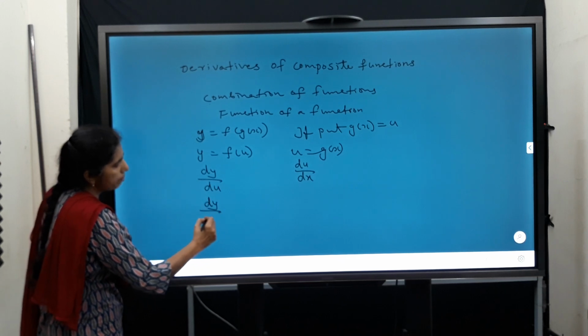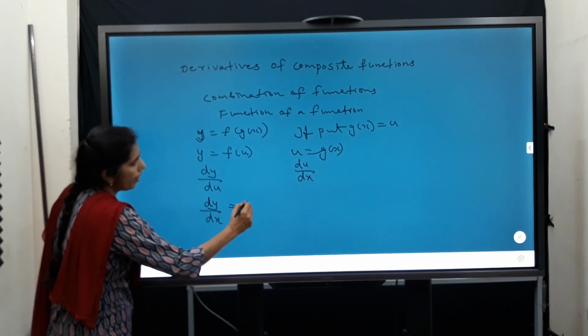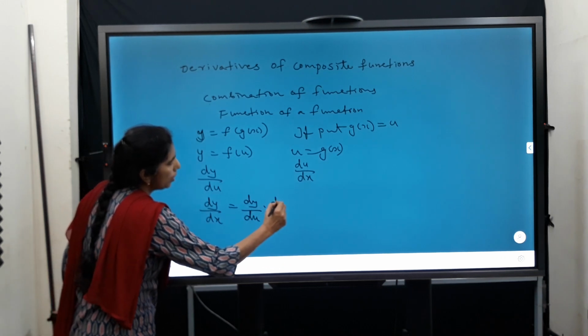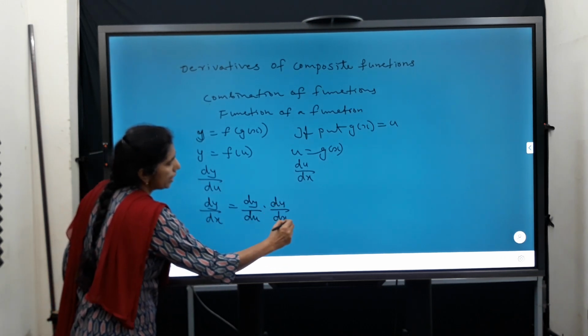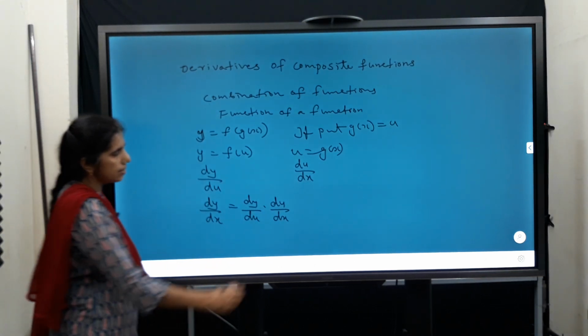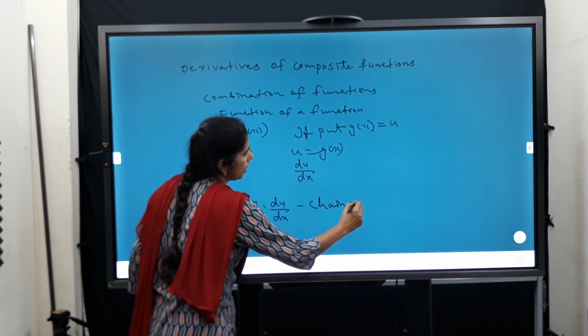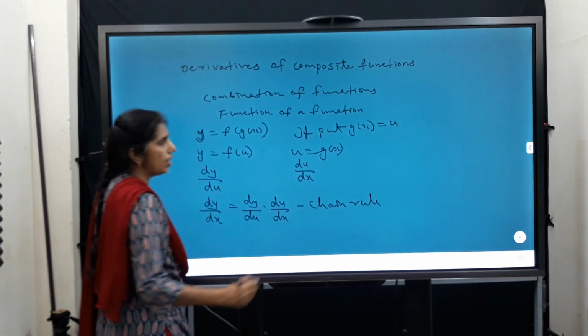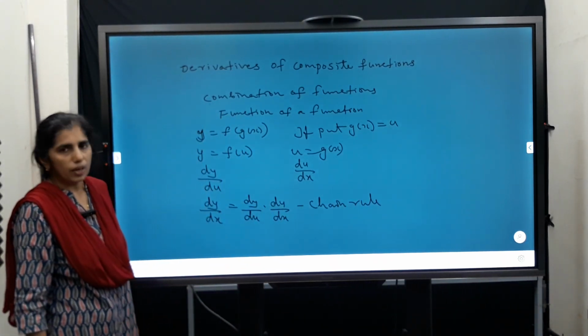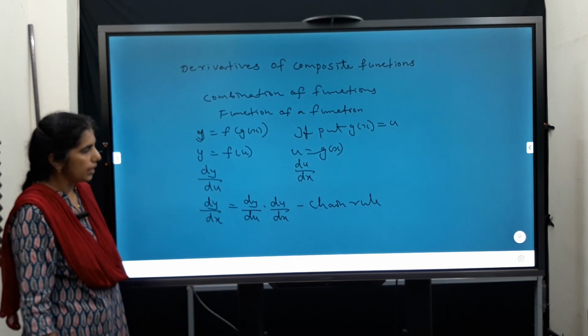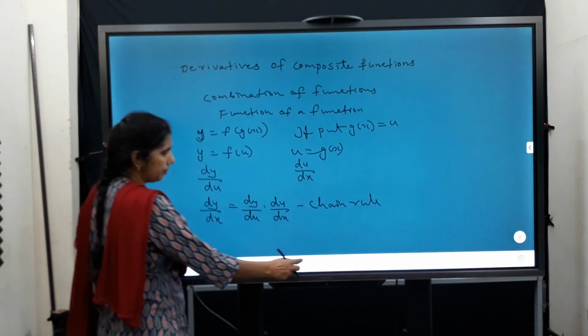Now, dy by dx is defined as dy by du into du by dx. This is known as chain rule, and derivatives of composite functions we find using this chain rule.